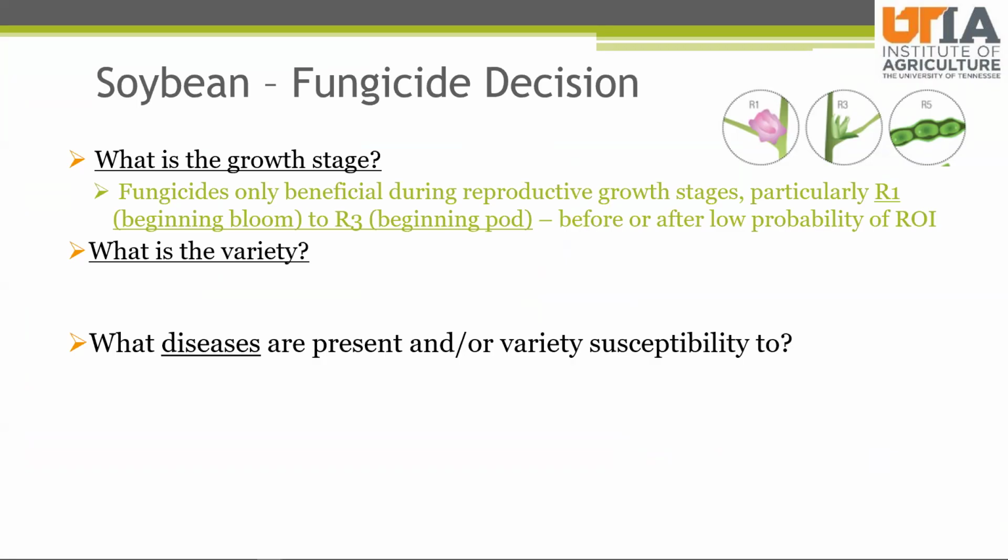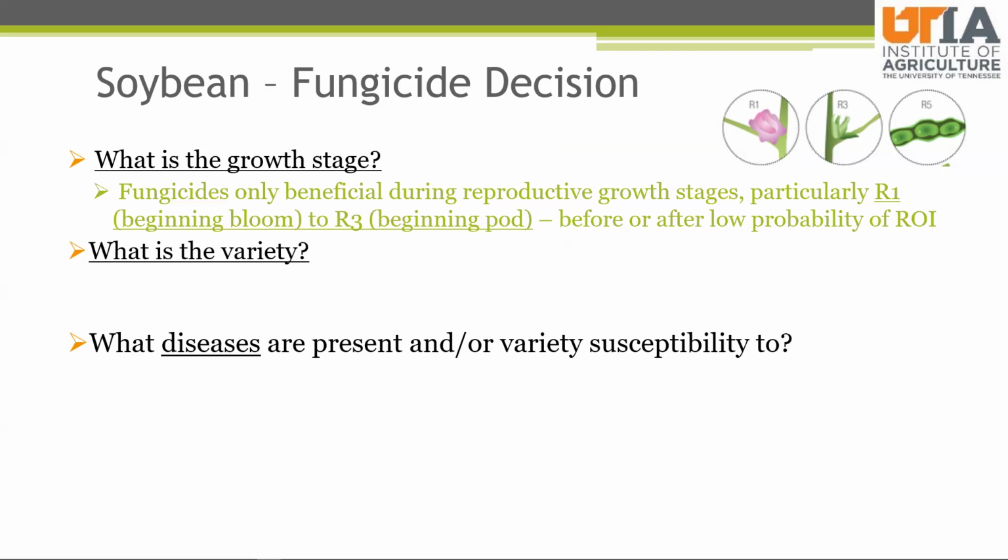R3 is when in the top 4 nodes, you have at least about a 1/4 inch of a pod developing. Before or after this time period, you reduce the probability of a rate of return for that fungicide.